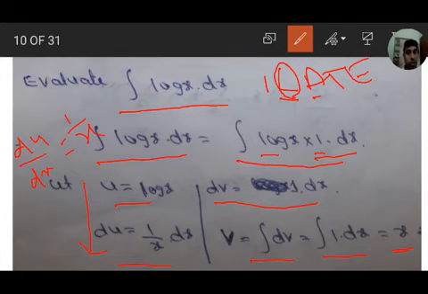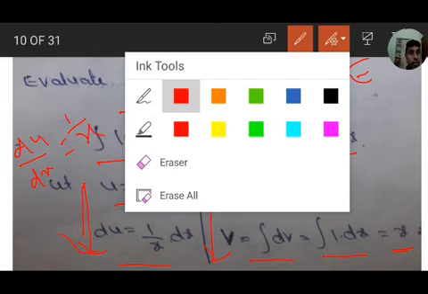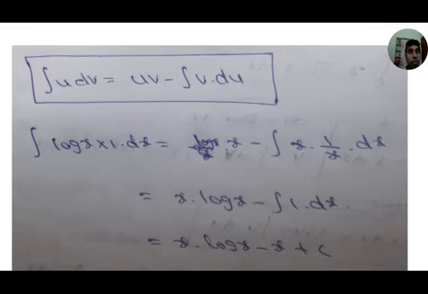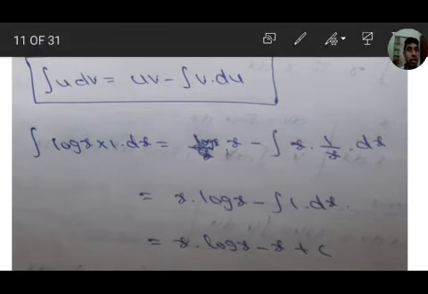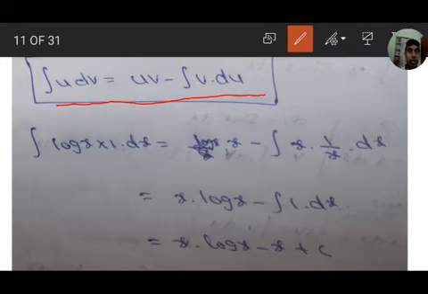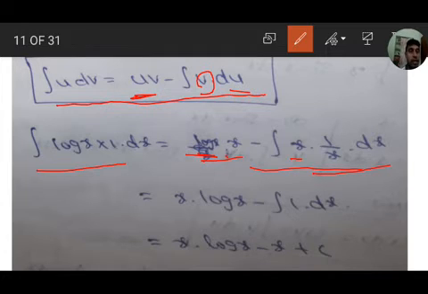So we differentiate u, the first function, to get du, and integrate dv, the second function, to get v. Substitute these values in the formula. We have the formula integration of u dv equals uv minus integration of v du. So u means log x, dv means 1 into dx, u is log x into v is x, log x into x, minus integration v means x into du means 1 by x dx.